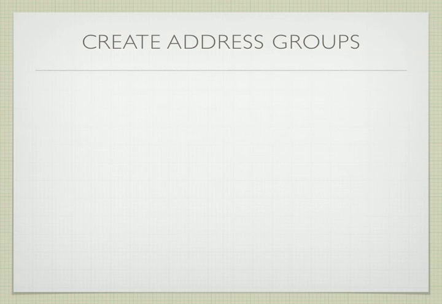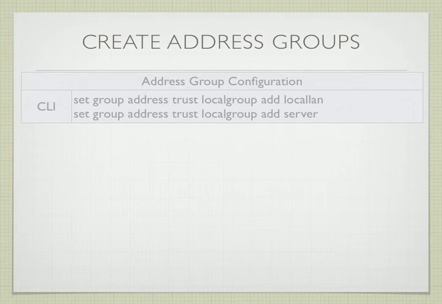So let's look at creating the address groups. On the command line, set group address, the zone, the name, and then add the name of the address that you're adding. So in this case, we're adding an address called local LAN and an address called server to a group called local group in the trust zone.